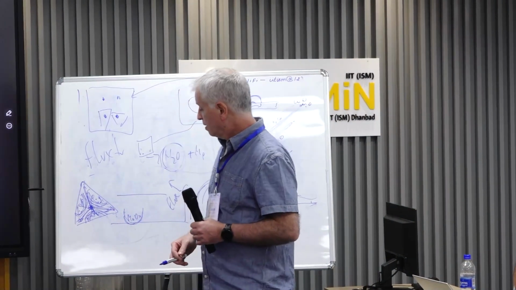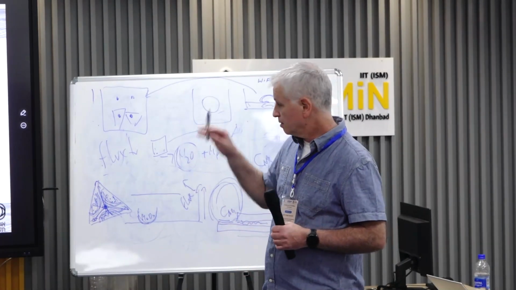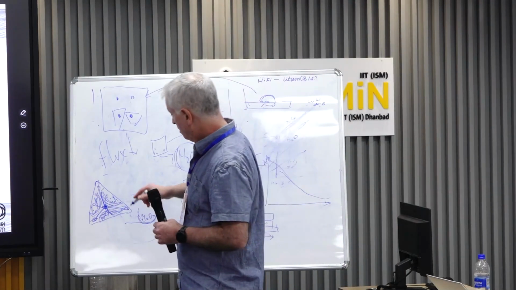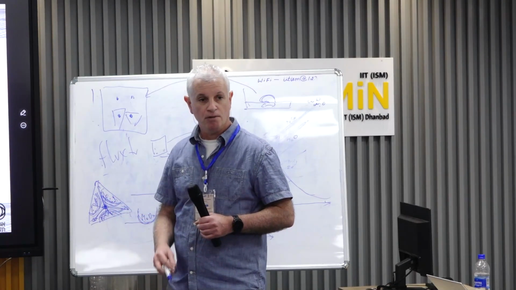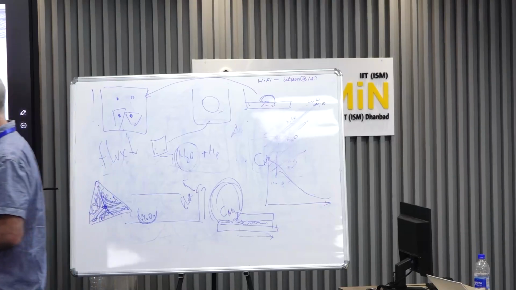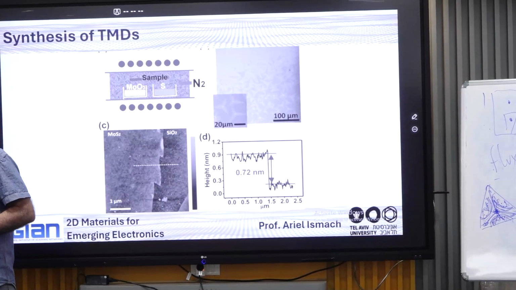But this we could solve very easily by reducing the temperature a bit. Reducing the temperature inhibited the diffusion of the gold, and that made it. It was a nice story.